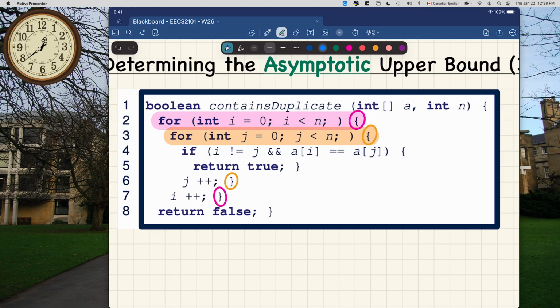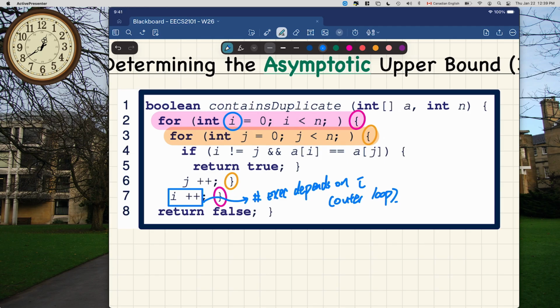And if you look at this one here, I++, the number of executions depends on just the outer loop, just the I. Are you okay with it? Right?